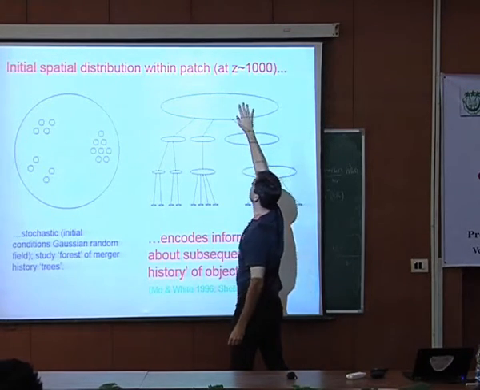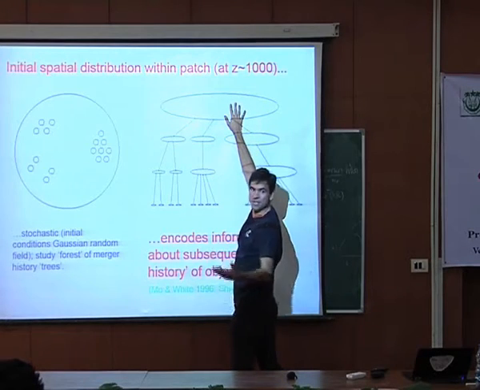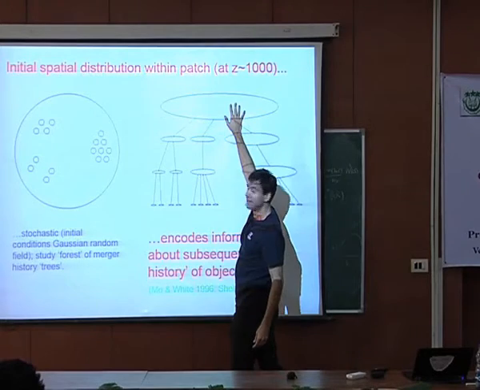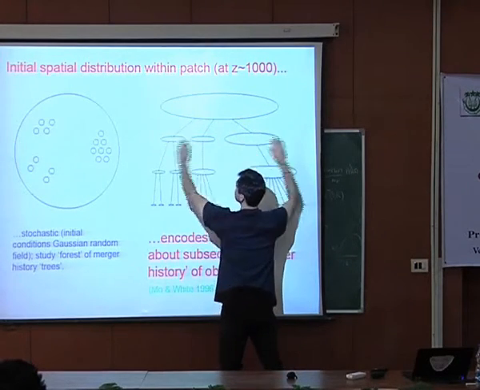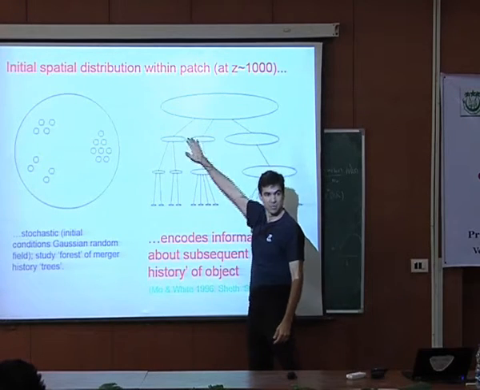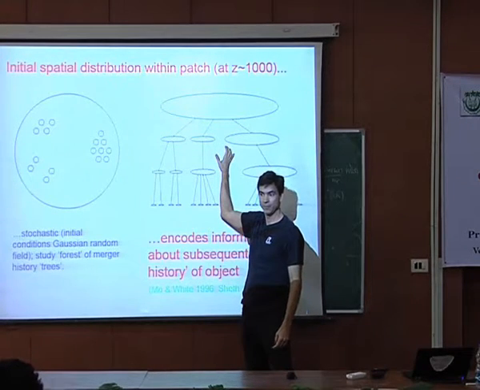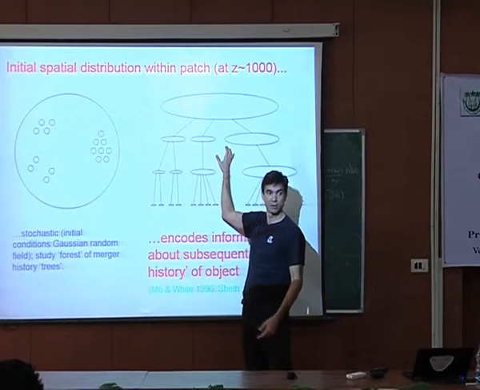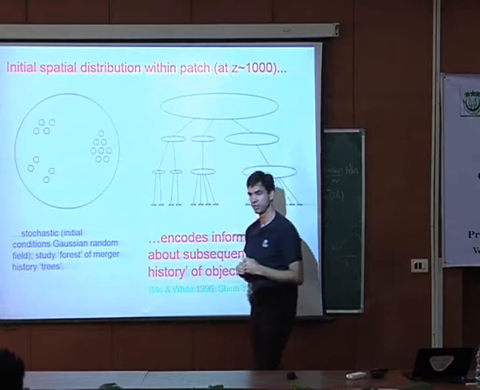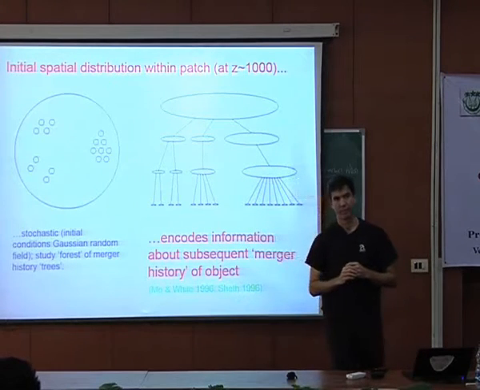And so if I know how likely it is that this guy was in 2 equal mass pieces versus 10 small pieces, that's telling me about the variance of the counts of the equal size pieces or of small pieces. No, it's telling me something about the distribution of masses in a 10 megaparsec patch. Okay?